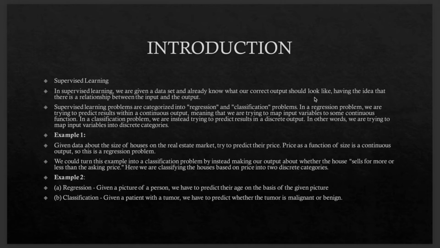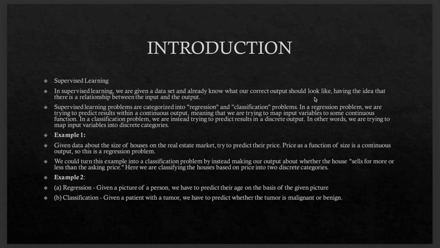So let's move ahead. Supervised learning problems are categorized into regression and classification problems. These are the two types of supervised learning. In a regression problem we are trying to predict results within a continuous output, meaning that we are trying to map input variables to a continuous function.